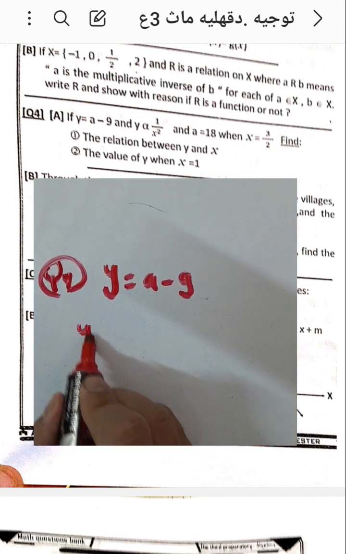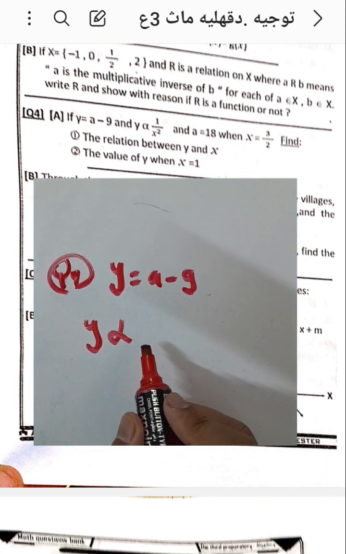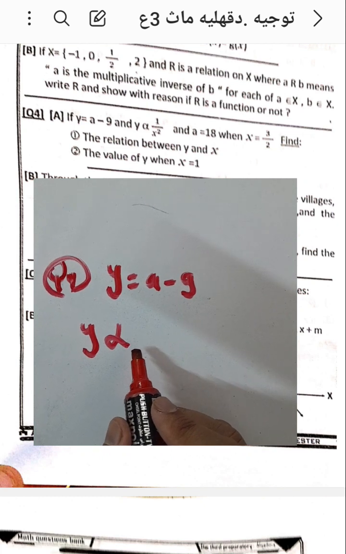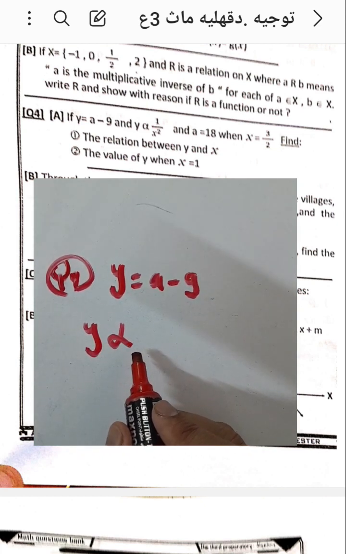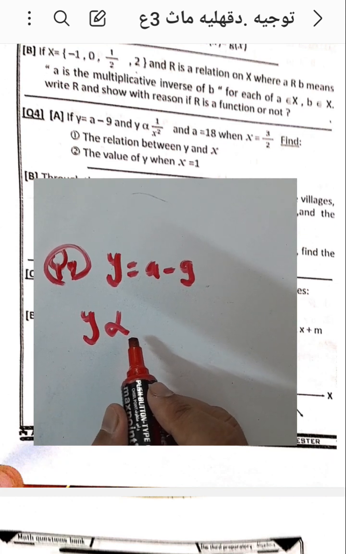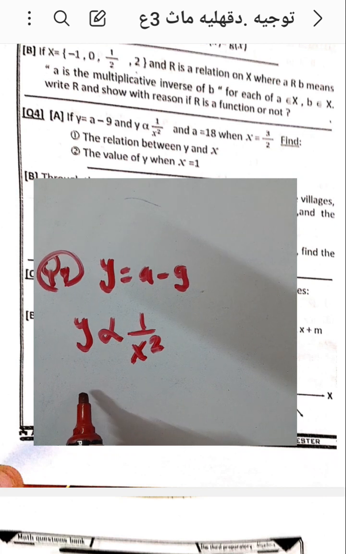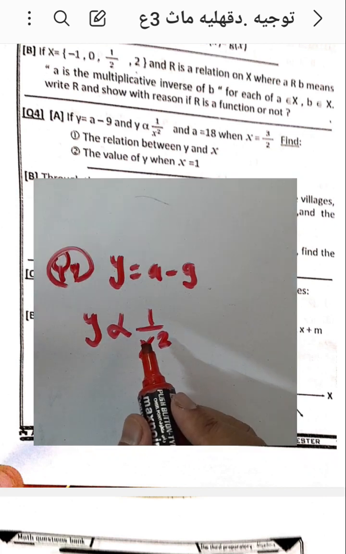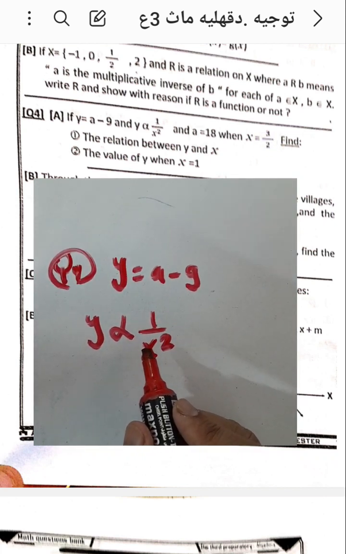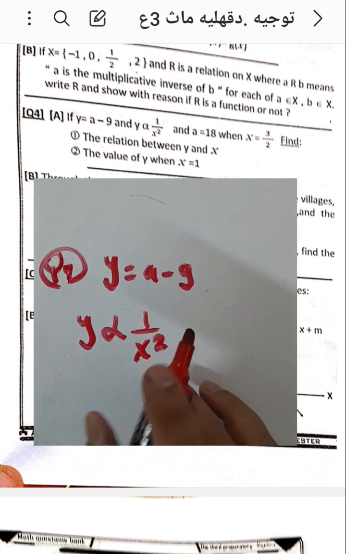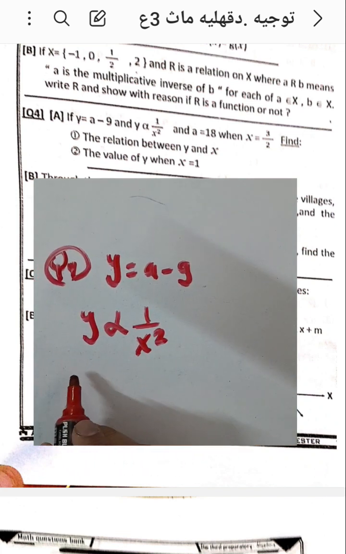And y, we have inverse direction between y and x power 2, and they give us y equals 18 when x equals 3 over 2. Okay, we can find the relation between y and x power 2.